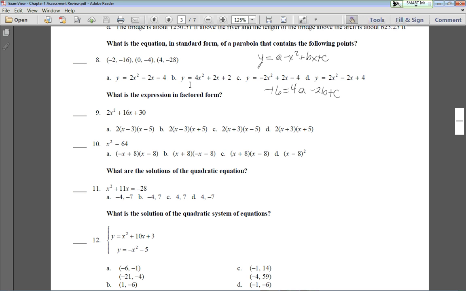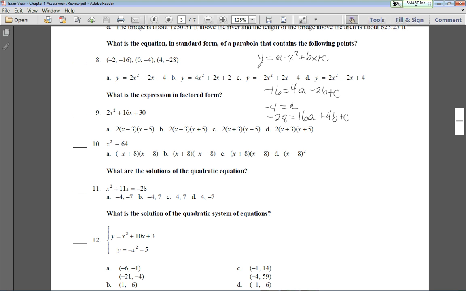Let's do the second one. Negative 4 equals, now 0 squared is 0, times a is still 0, so we don't need to write that. And then 0 times b is 0, so we don't need to write that. So this is just c. And then our third one is going to be negative 28 equals 4 squared is 16a plus 4b plus c. So those should be the 3 equations you get first.